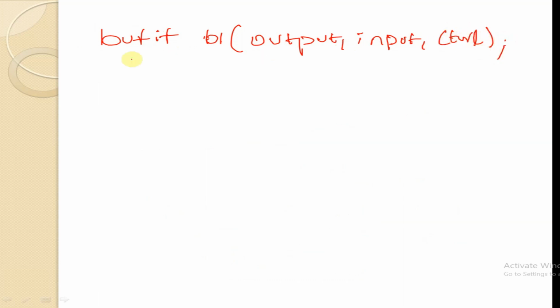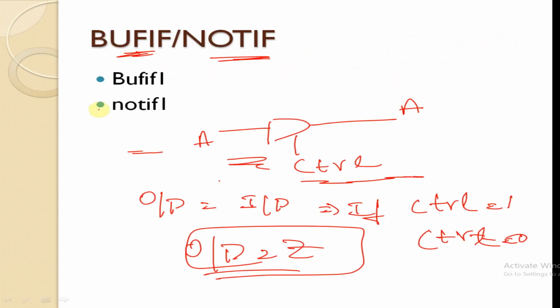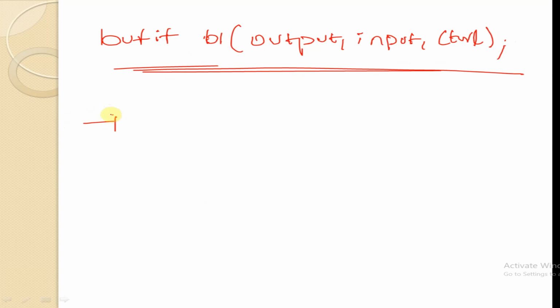So for using this bufif gate, we will have the primitive bufif followed by some instance name followed by output comma input comma control signal. We have this extra signal here. So this is the syntax for the bufif primitive. And for notif, similarly we will have one more extra control signal. Only when this control signal is equal to 1, then this NOT gate will work.